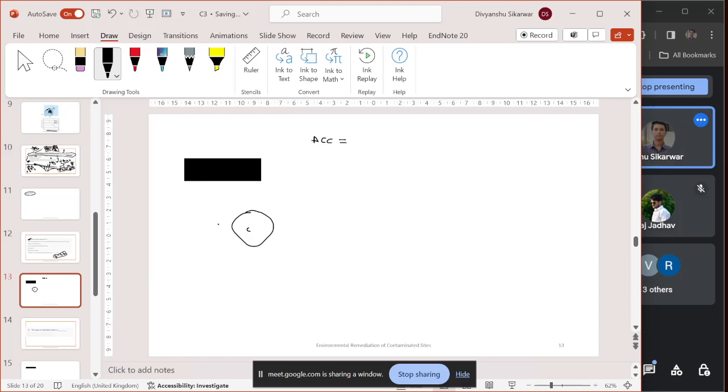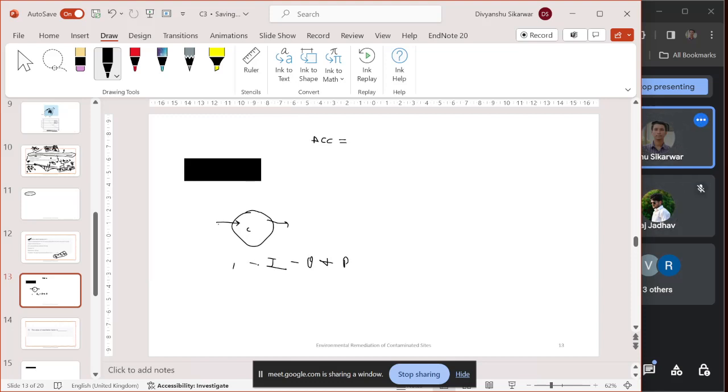If I want to calculate the concentration of the contaminant, or how much contaminant is accumulated at a certain time, how will I calculate it? There is a stream of water coming into this pond and a stream of water going out of this pond, and there is already some concentration C. So I will basically take how much is the intake, minus how much is going out, and I will also add what was already there, right?